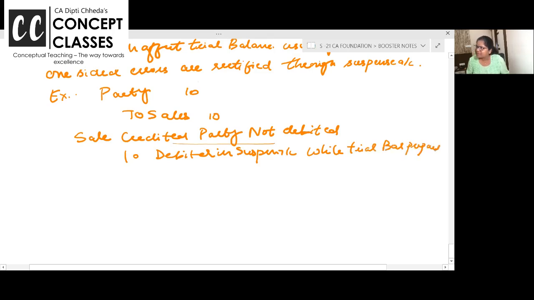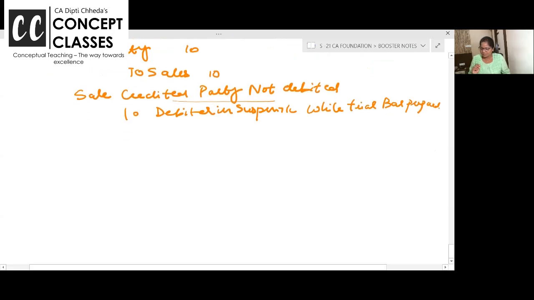How is this? Party to sales. Sales was credited, party was not debited. So it is lopsided. Trial balance will not tally. Credit is more, debit is less, because you didn't debit party. Can you put it in the suspense account? Debited in the suspense account.